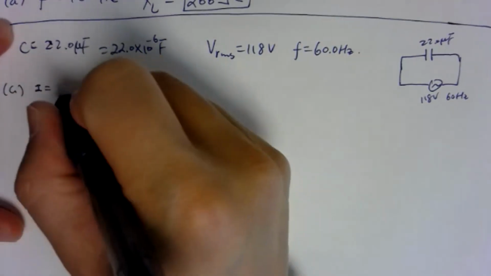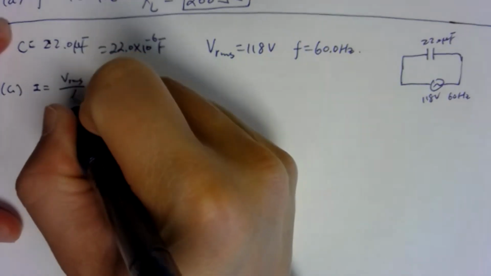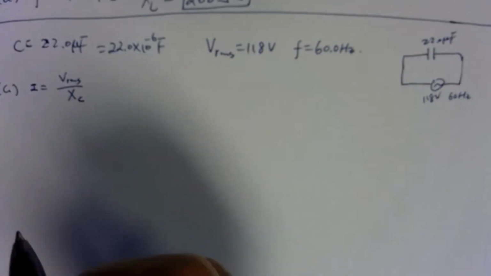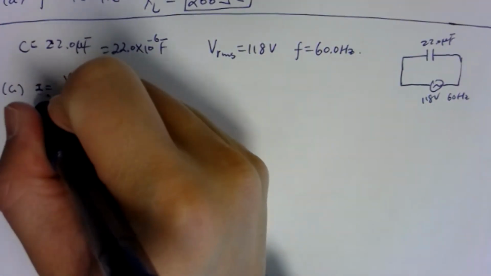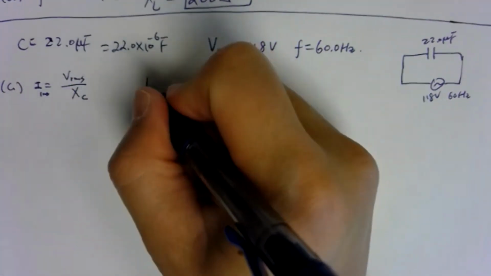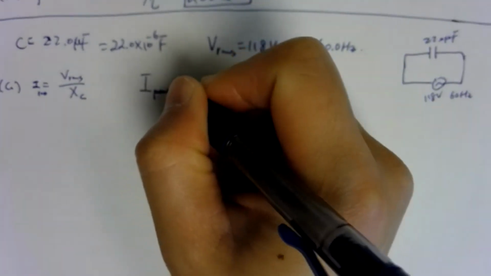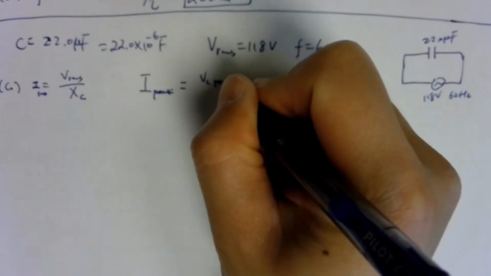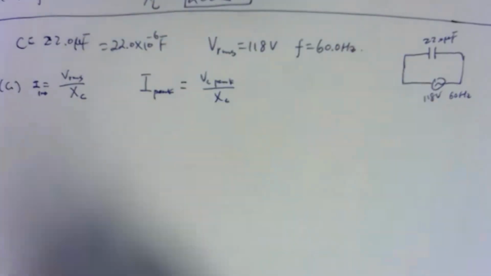All right, so the current I is equal to V RMS over X_C. If you go a couple of slides back, for the peak current, it is V peak over X_C.